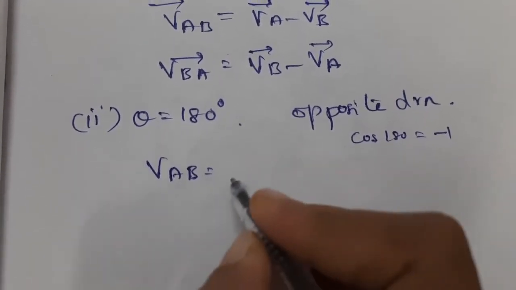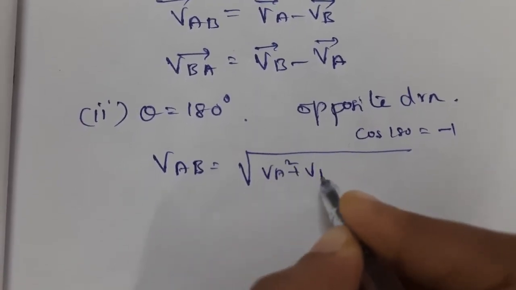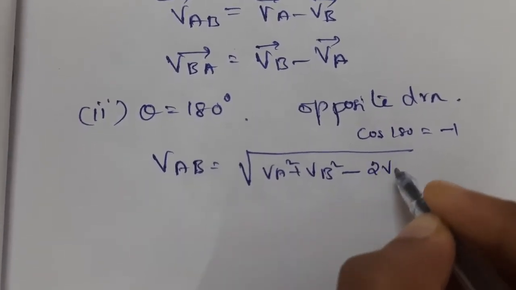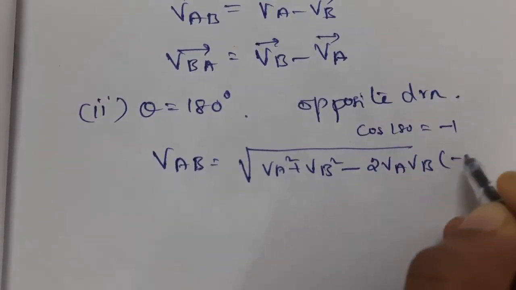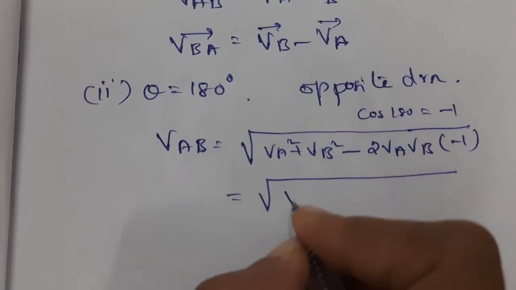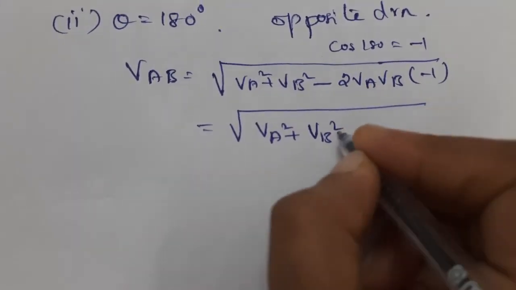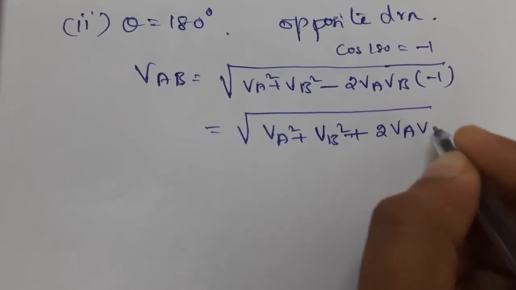So when you are substituting here, VAB is equal to root of VA square plus VB square minus 2 VA VB into cos 180, which is minus 1. So we can write root of VA square plus VB square, minus into minus, plus 2 VA VB.